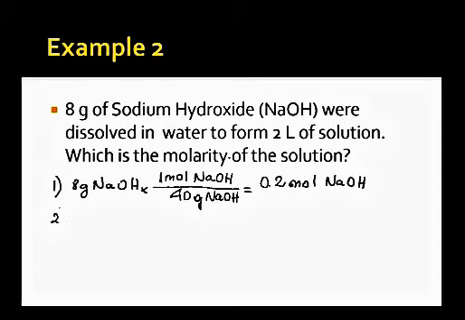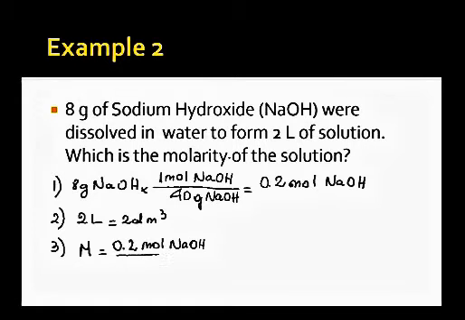The second one is the volume in decimeters cube. It's already given, 2 liters, so we don't need to do anything because 2 liters is equal to 2 decimeters cube. It's equivalent. And number 3 is calculating the molarity, which is going to be 0.2 moles of sodium hydroxide into 2 decimeters cube.